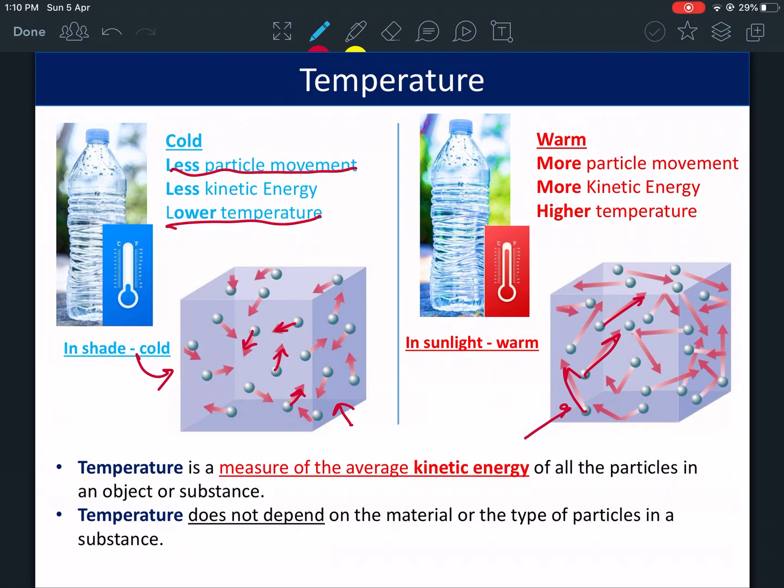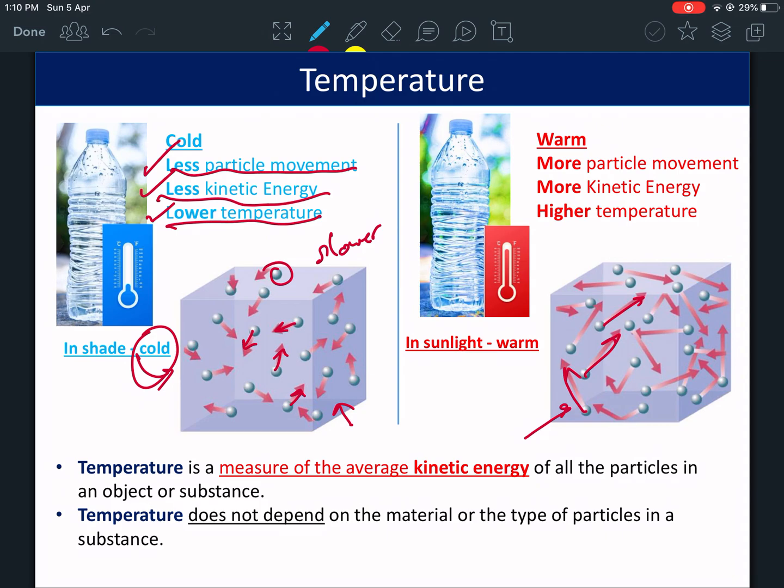That means you have less kinetic energy, because kinetic energy is the energy of movement. So if they're moving slower, they have less kinetic energy, and that means the temperature is lower. It's not high, it's cold.